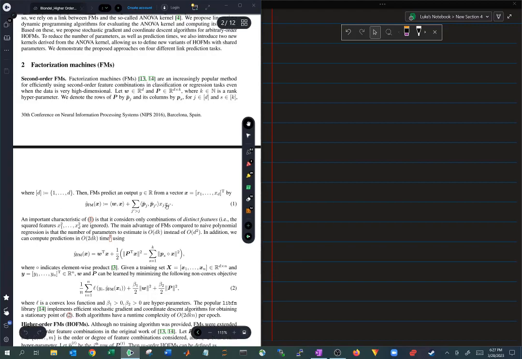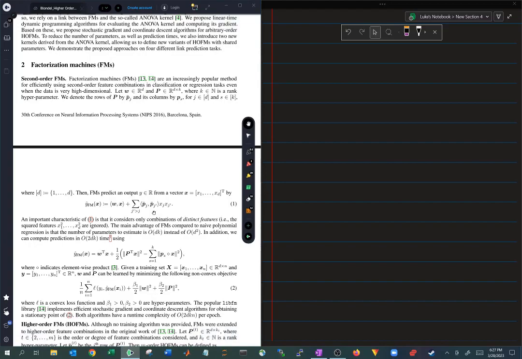First of all, they define factorization machines as defined in the previous paper, and this equation, as we can see, was the equation that was used in the previous paper for pairwise interactions.